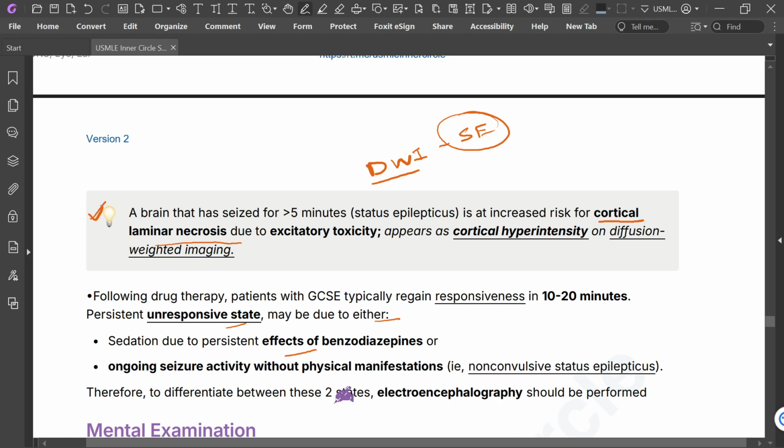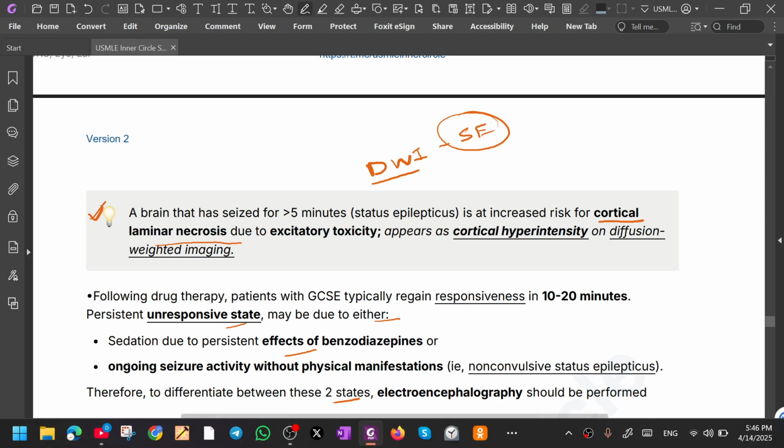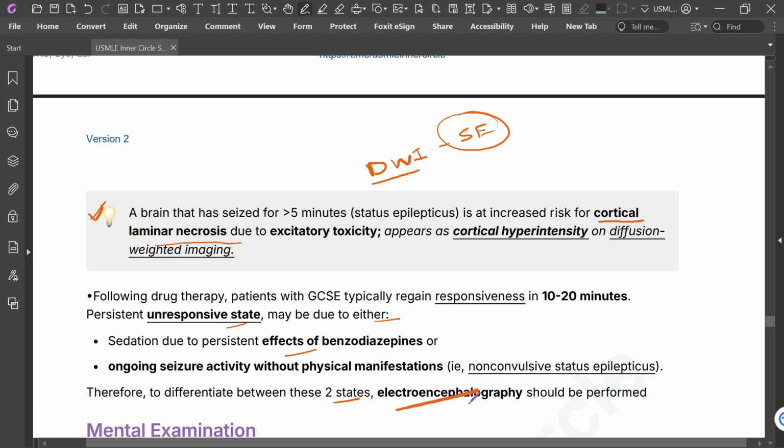Therefore, to differentiate these two states, EEG should be done. Is it sedation due to the persistent effect of the benzos, or is there an ongoing seizure, non-convulsive status epilepticus? We can differentiate these two by EEG.